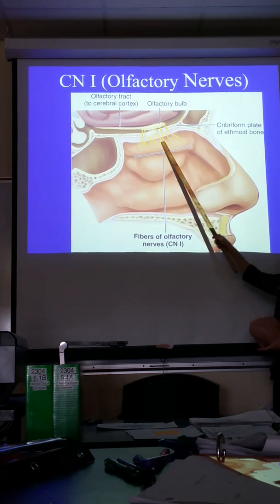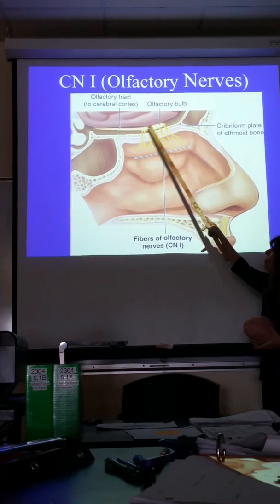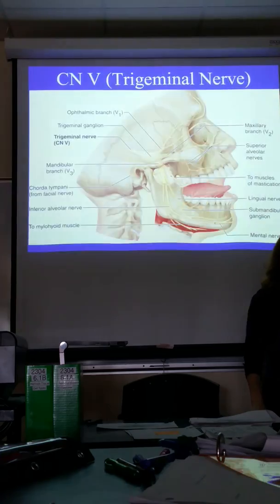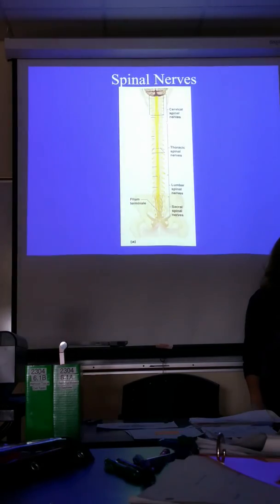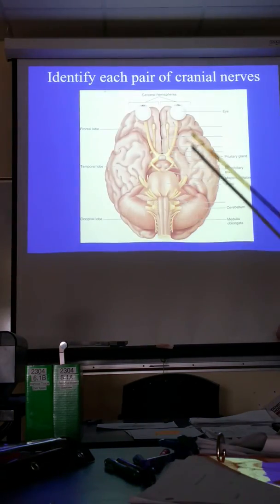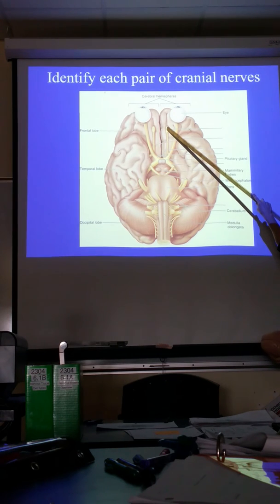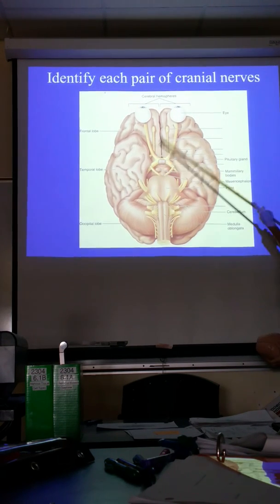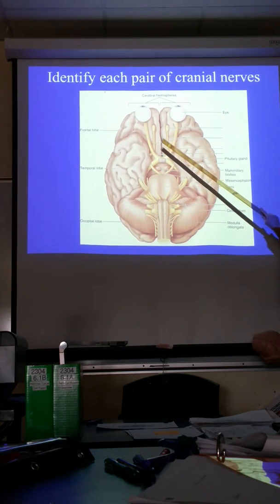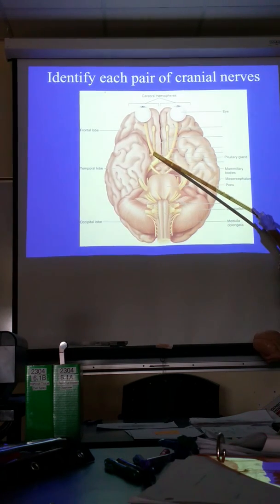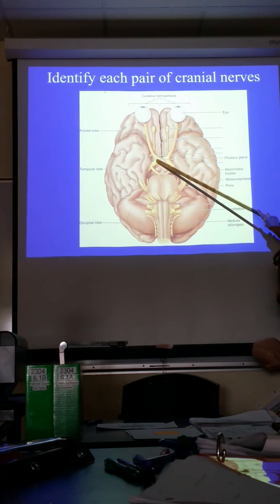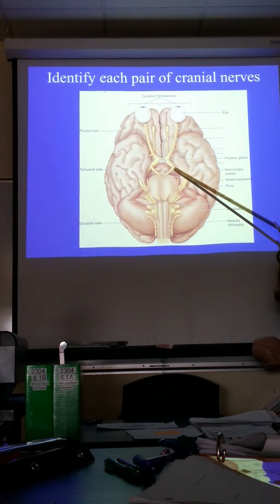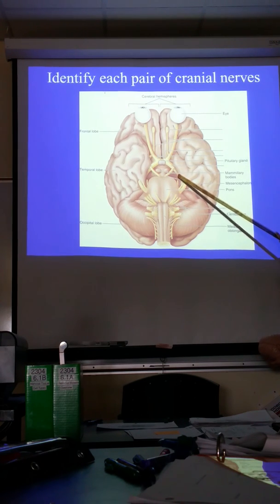So the olfactory nerves, olfactory bulb, and then from here back, olfactory tract. Over here, here's the olfactory bulb, and this is the olfactory tract. These are the optic nerves. This is the optic chiasm, and then from here back is the optic tract.